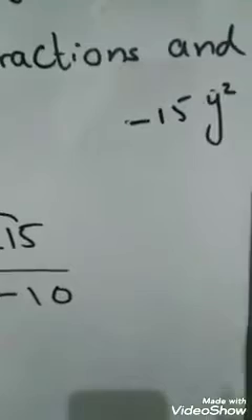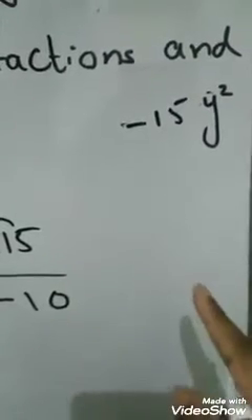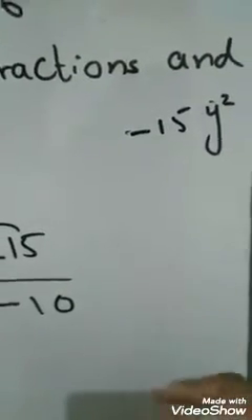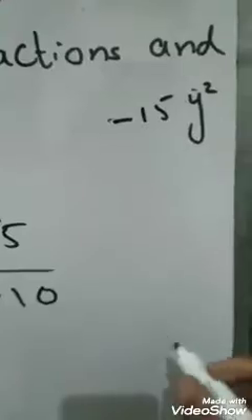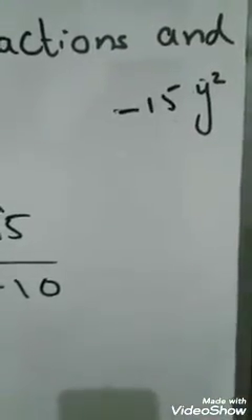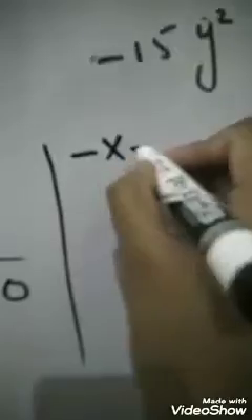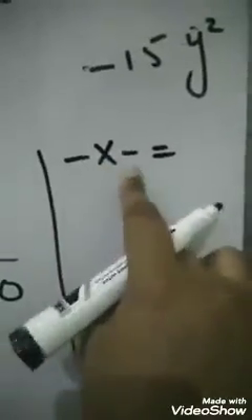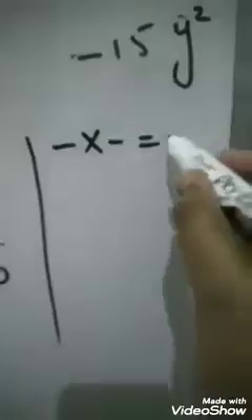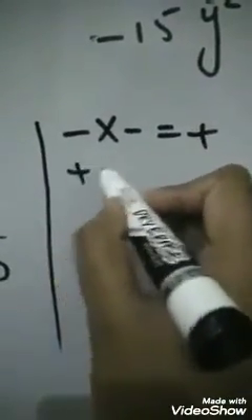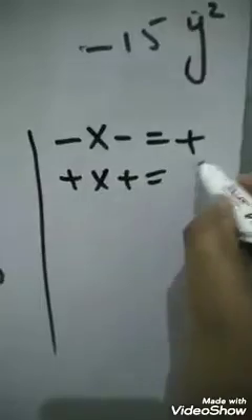Students, the product will be minus 15y square. It indicates that both values do not have the same sign, because if both have the negative sign, minus minus multiplied would be positive, and if they have positive sign, then it would also be positive.